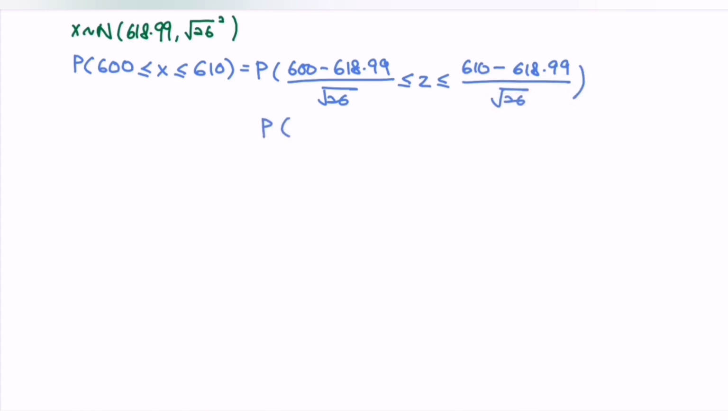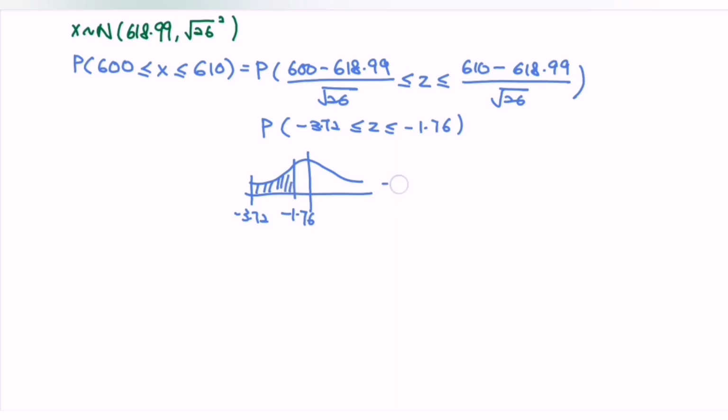So the probability will be from negative 3.72 until negative 1.76. Refer to the diagram, where we have negative 3.72 and negative 1.76. We have the negative, so here will be the region. Reflect the situation. So here will be the Z, 1.76 and 3.72. So here will be the region.